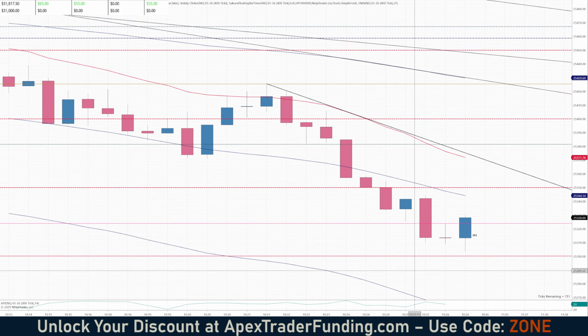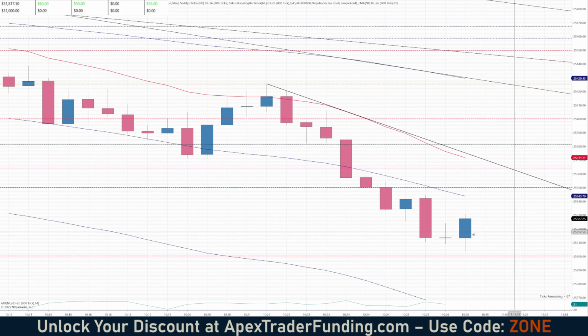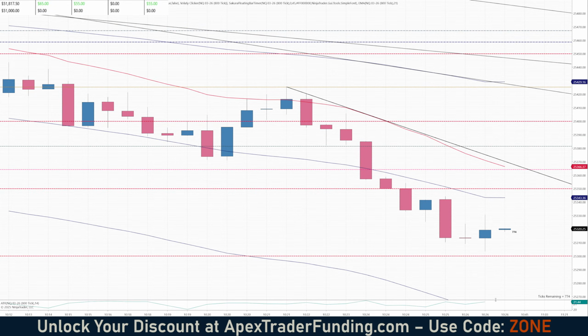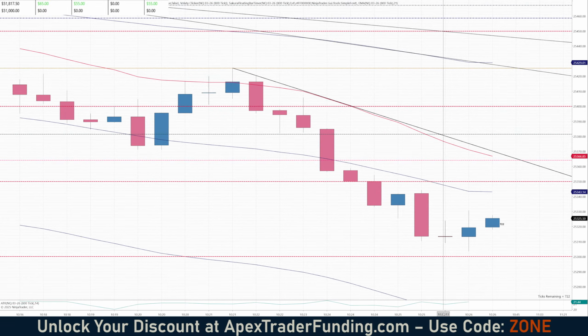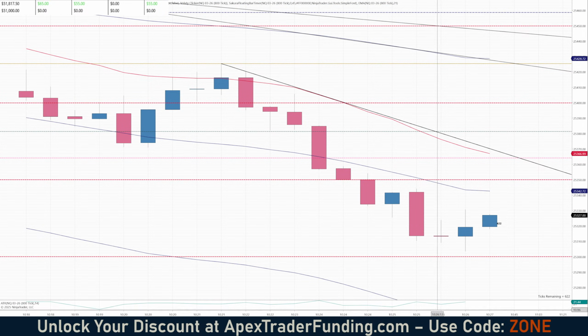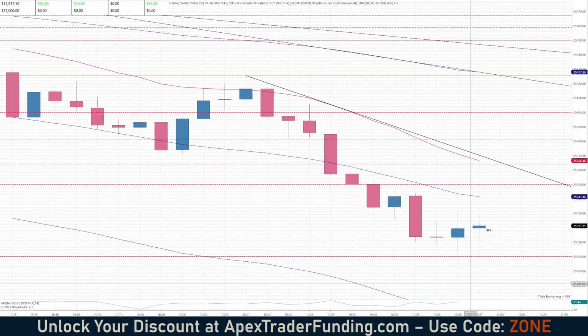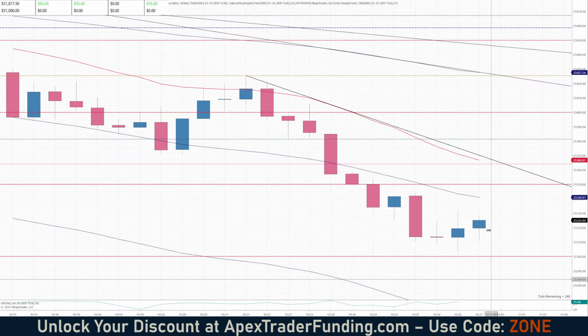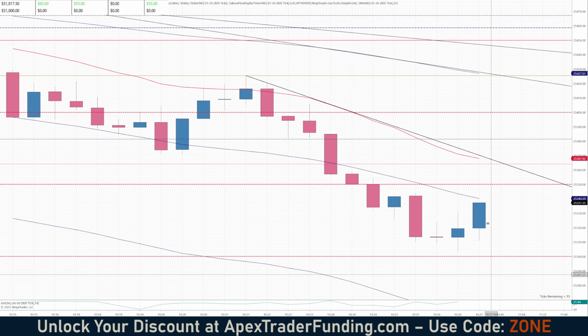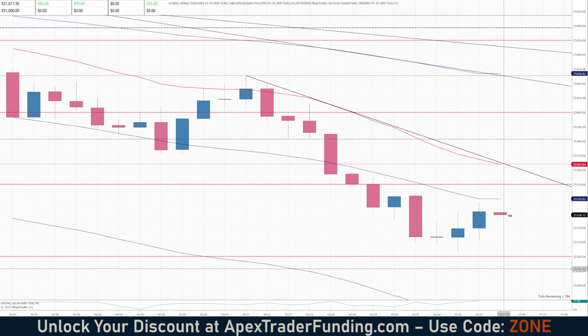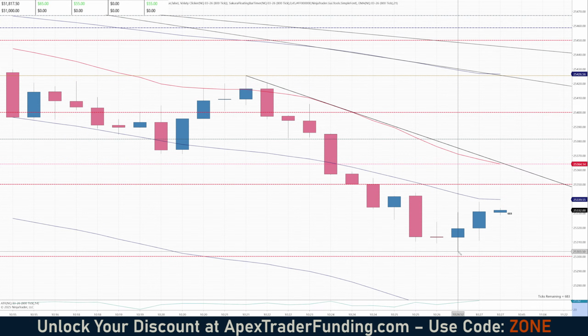Okay, the runner's out. Get the runner out of the way. Okay, we will now have an upward trend line.